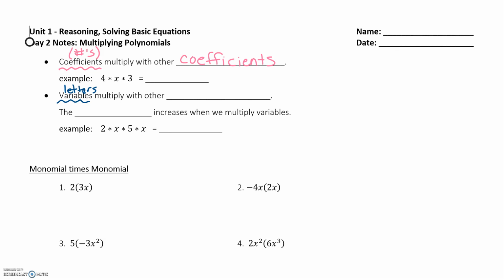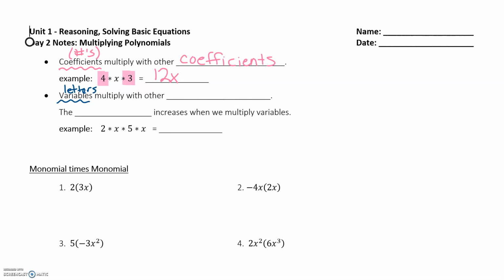In this little example underneath, I have a coefficient of 4 times a variable, x, times another coefficient, 3. We can only multiply the coefficients together. So 4 times 3 is 12. And the x doesn't have another x, so we just leave it as x. That was a pretty simple example.